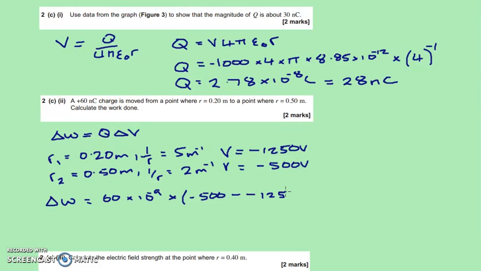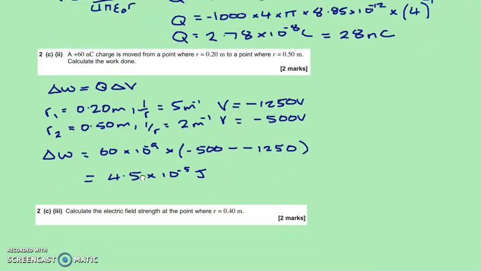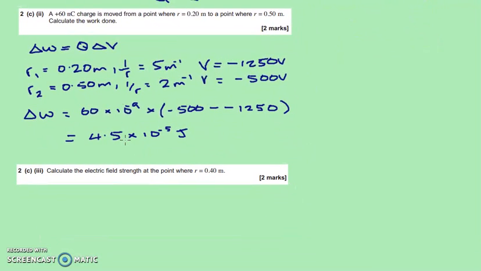So difference is the final minus the initial, and our initial was minus 1250. Pop that into your calculator, and you should get a value of 4.5 times 10 to the minus 5 joules. What I recommend, just leave that as it is. You're not going to lose any marks for leaving it in standard form.